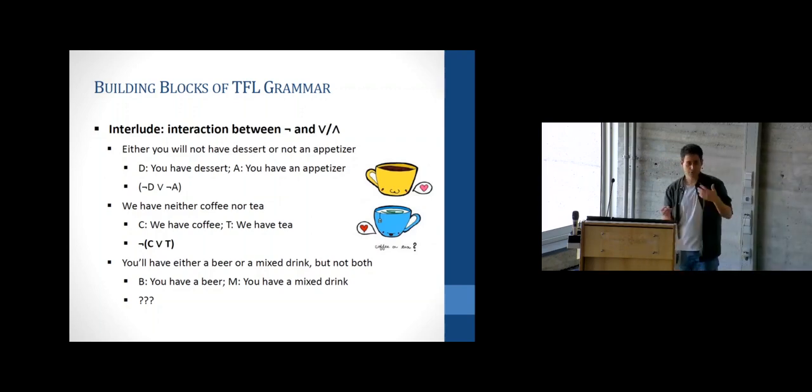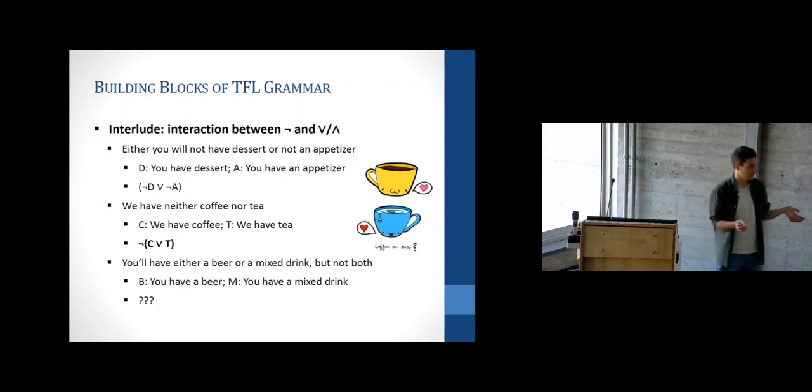But I haven't taught you the symbol for an exclusive or. I said that this symbol always means an inclusive or. So how do you formalize or symbolize an exclusive or like this? Any ideas?